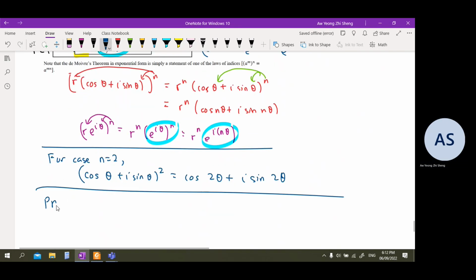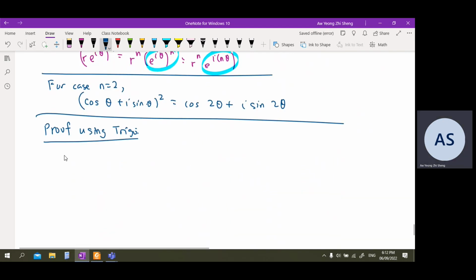Okay, now here is the proof using trigo. I start from the left-hand side, (cos theta + i sin theta) to the power 2. I expand this quadratic as usual.